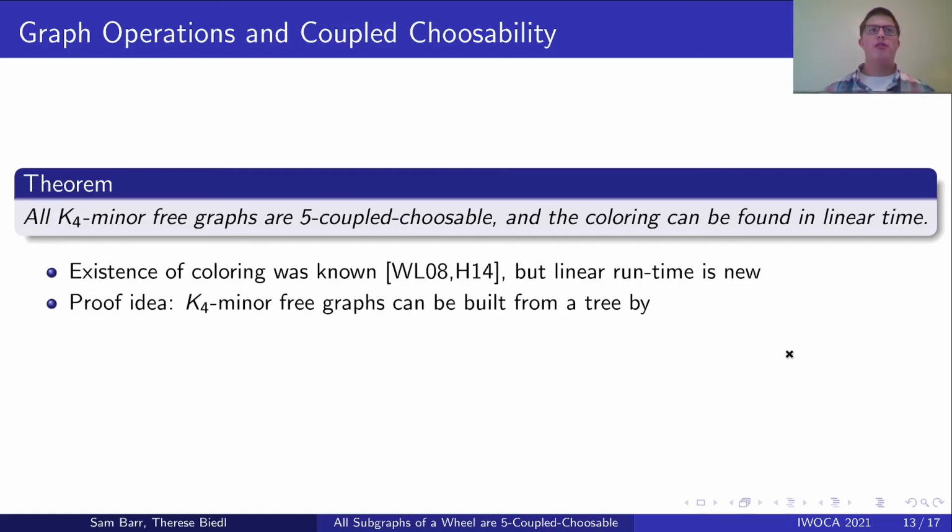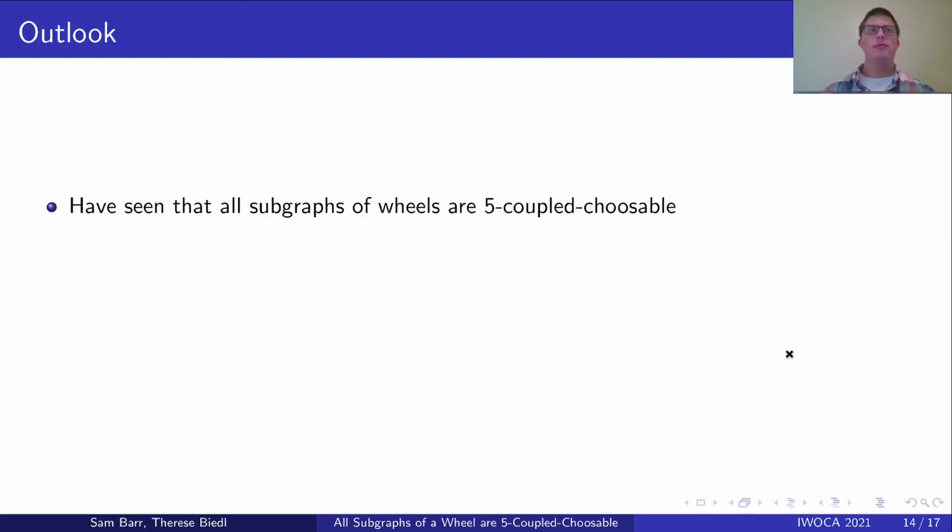The idea of the proof is to see that a K4 minor free graph can be built from a tree by duplicating and subdividing edges of the tree and adding new vertices of degree 1 to the tree. Using the lemmas shown on the previous slide, this gives us a linear time algorithm for coloring a K4 minor free graph when all lists are of size 5. So we have now seen that all subgraphs of a wheel are 5-coupled choosable.